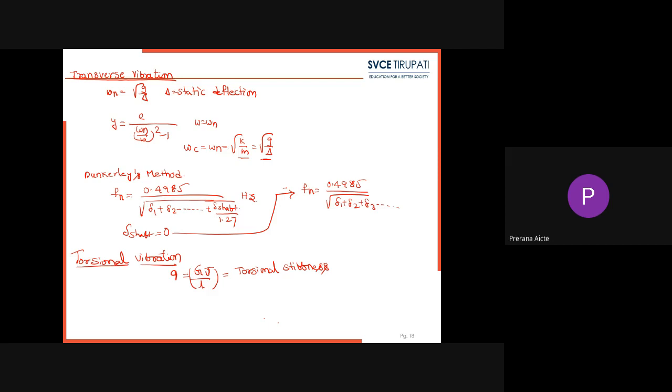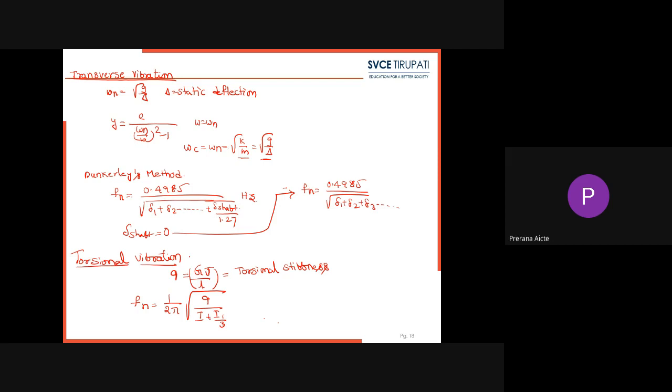And how can we measure the fn value? Fn can be measured as 1 by 2 pi root of q by (I plus I1 by 3).